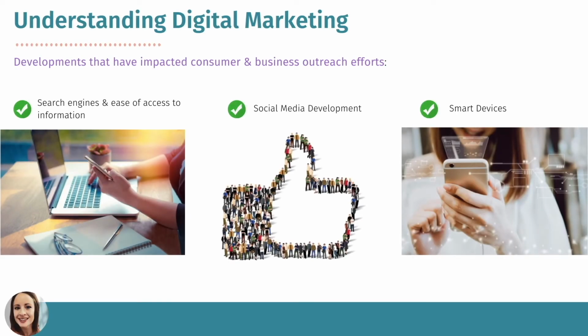So, understanding a little bit about digital marketing, there are some developments that have impacted the way that consumers and businesses market to their customers or other businesses. The way that this happens now is a method called inbound marketing. So, inbound marketing is different than traditional methods of marketing.